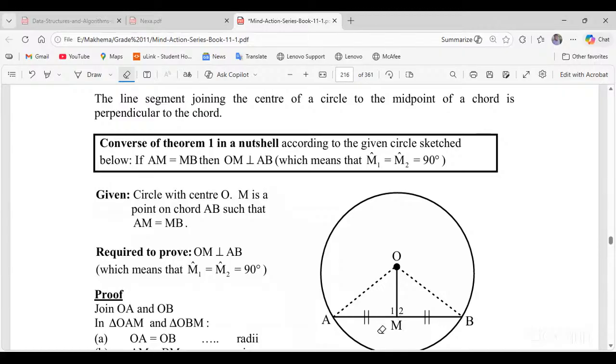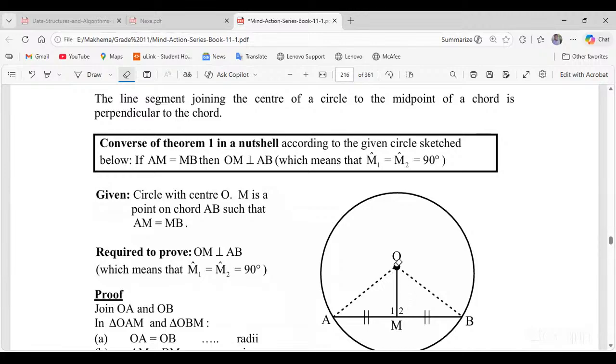What is the midpoint? It's the half of that line. At the midway, if I travel from A to this part for 5 kilometers, also from this part to that, it will be 5 kilometers. Therefore, this is the midpoint.